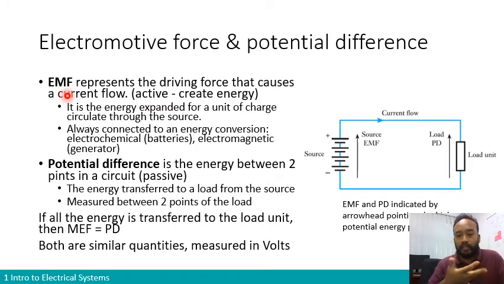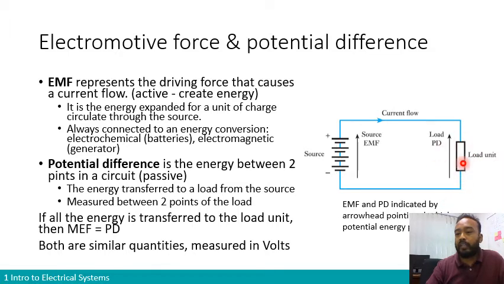Because in a battery, that's what you have: a certain level of energy pushing the charges to move out. If the circuit is connected, then the force will push the current to move. Whereas for a load, for example a resistance or a bulb, we call it just potential difference. It's not an EMF, we call it potential difference.